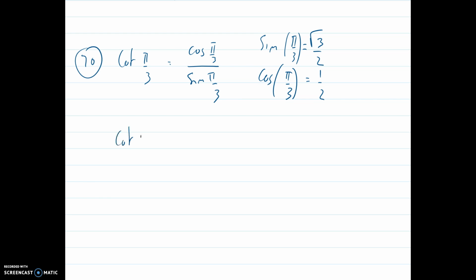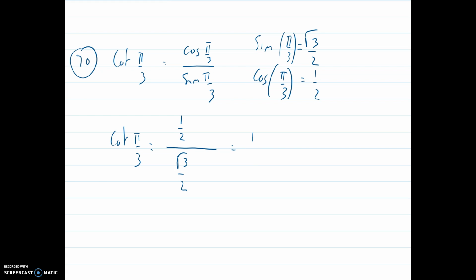So the cotangent is going to be equal to 1 over 2 divided by square root of 3 divided by 2. Convert the main fraction bar into a multiplication, 1 over 2 times 2 over square root of 3, so I flip my second fraction.